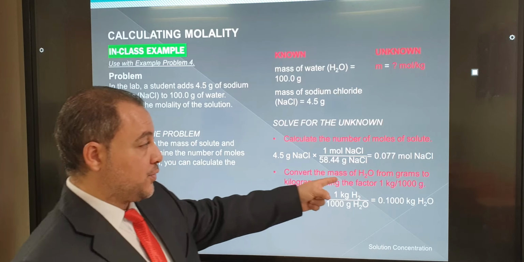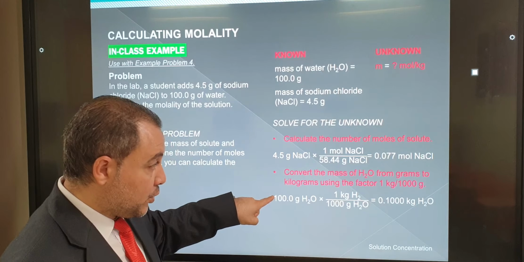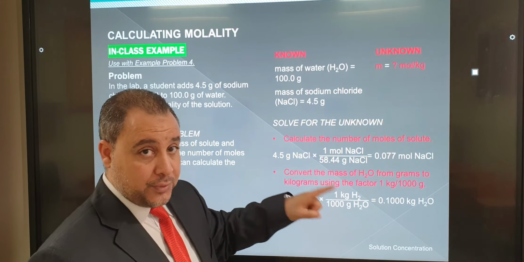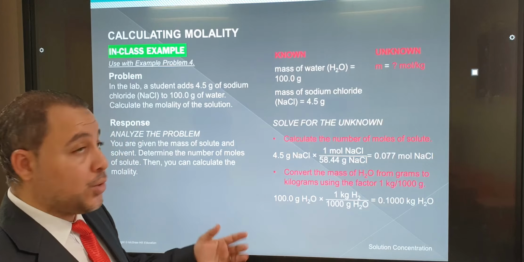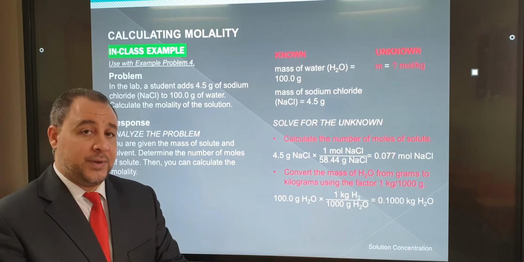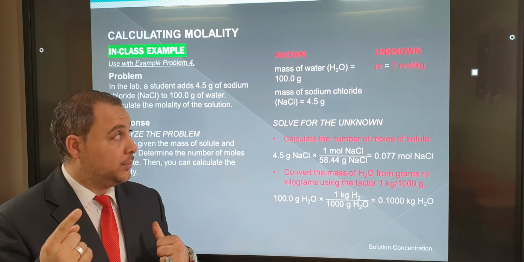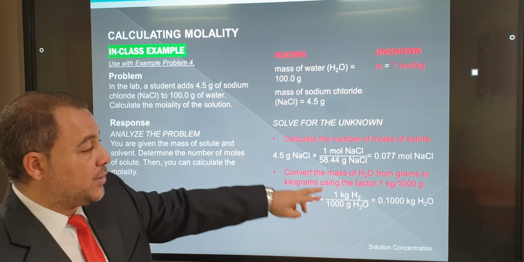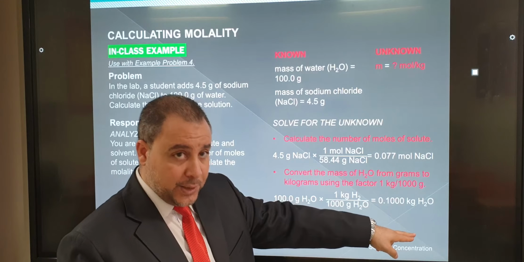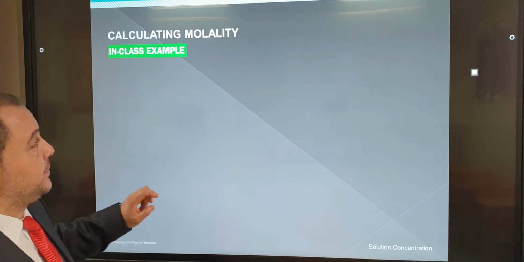Okay, convert the mass of H2O from gram to kilogram using the factor, because we depend on solving this problem with the mass of solvent in kilogram, not gram. So 100 gram equals 0.1 kilogram as we calculated.